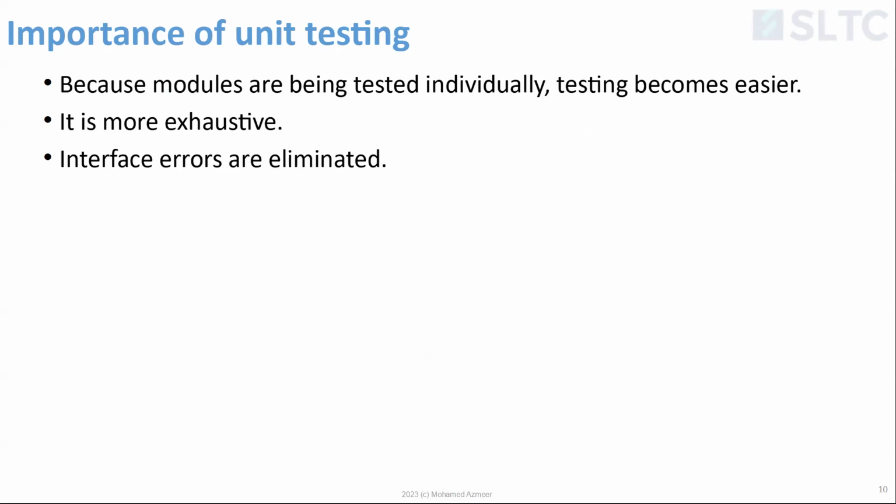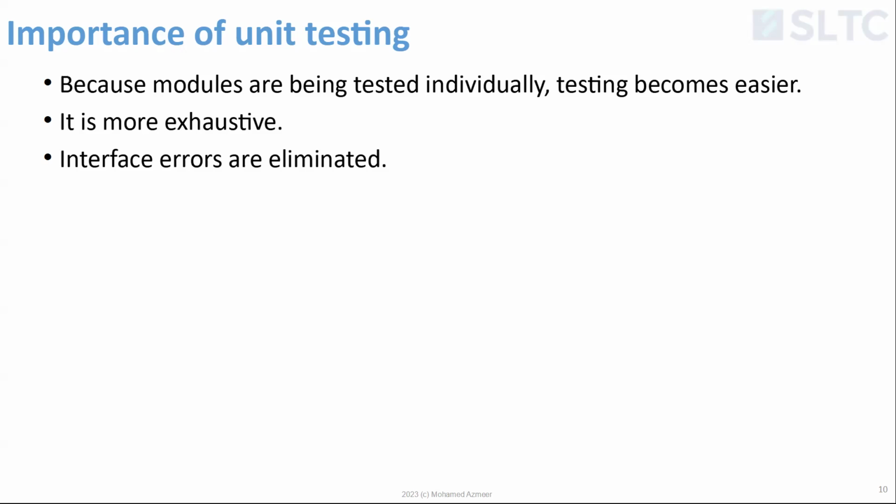Right. Now, what is the importance of unit testing? I think last week I showed you a sample of writing a small piece of unit testing using NetBeans. So there, the reason is the modules are being tested individually, right? And when you are looking from the complexity point of view, when you are testing each module, your testing becomes easier, right? And also because you go to the smallest function, isn't it?